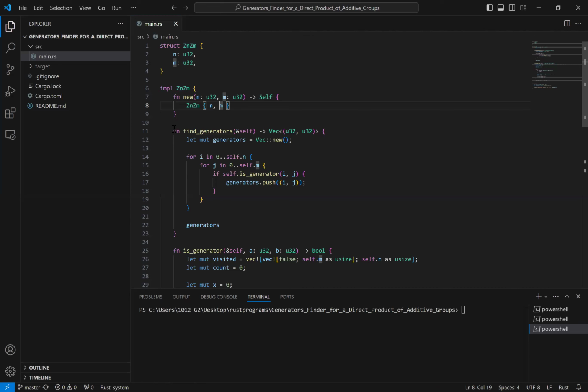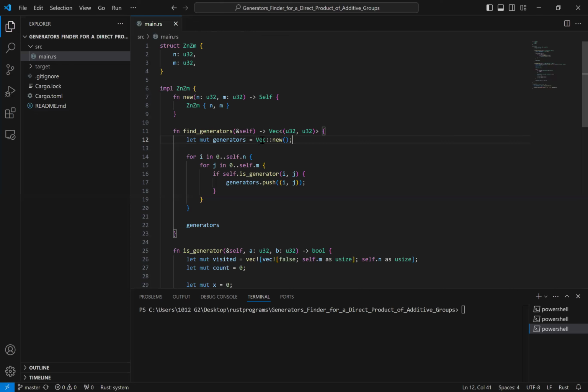Then the main thing is this: find generators, and see how it begins by taking the mutable generators. These are mutable. So first of all, it creates an empty vector.